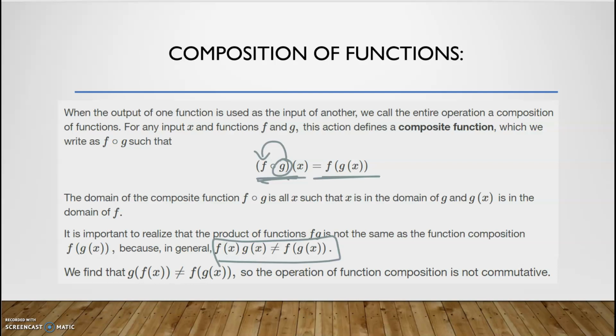Okay, and also, you can't switch them around. Like I'm going to plug f of x into g. That's not the same thing as saying I'm going to plug g into f of x. So they're not commutative. I mean, you can't switch them around and have them be the same thing. You're going to get different functions when you do that.